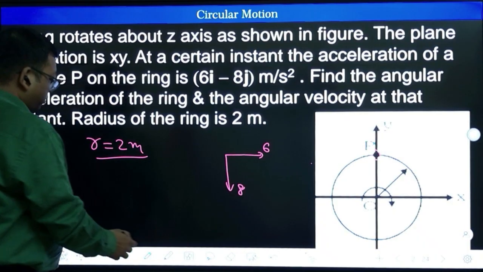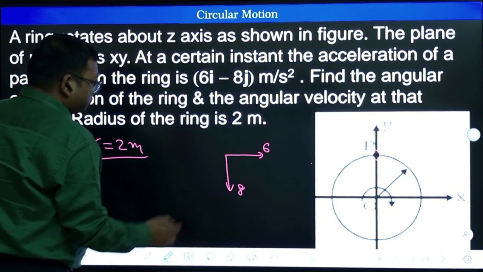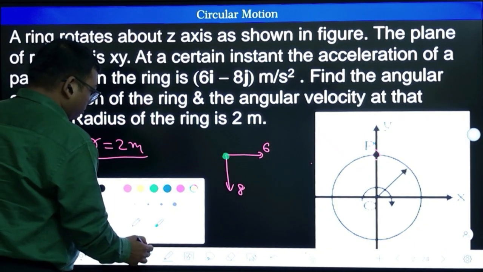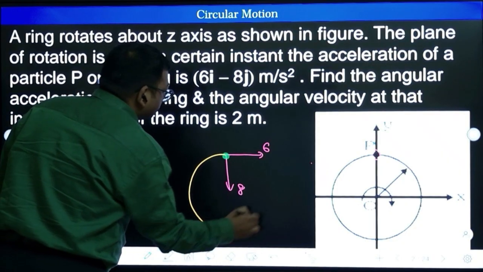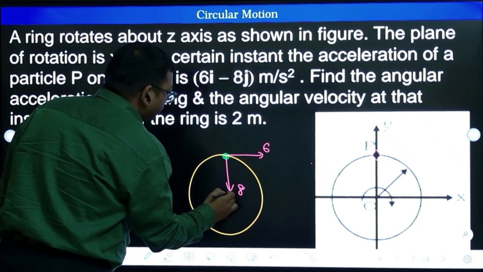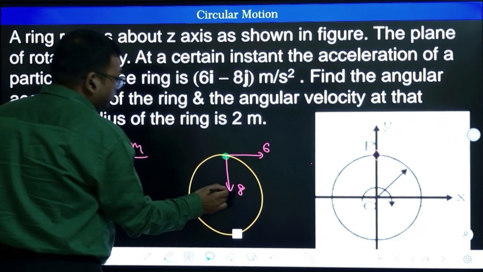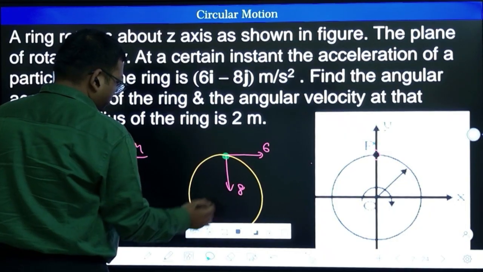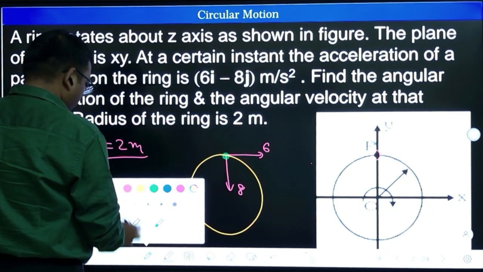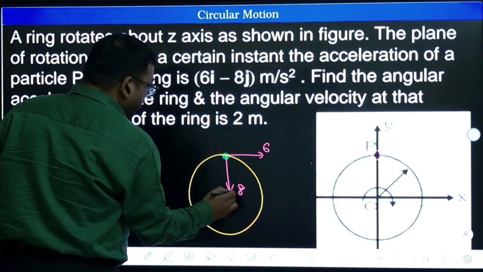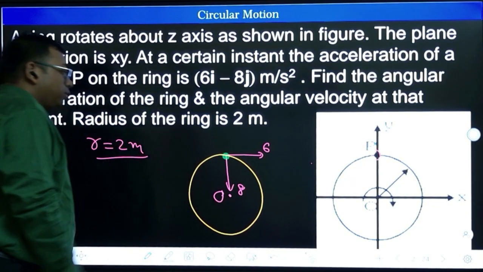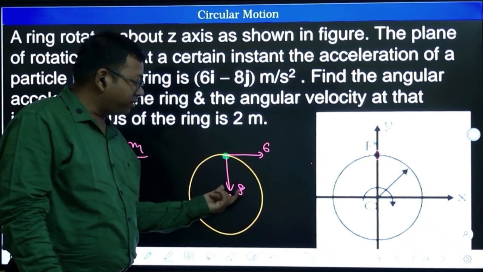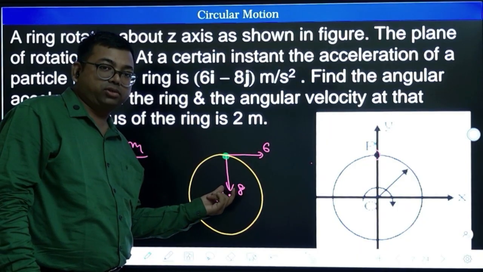So this is a point on the ring, and the ring is like this. Definitely this is the center, and this acceleration is going towards the center. This acceleration which is pointing toward the center is definitely the centripetal acceleration.